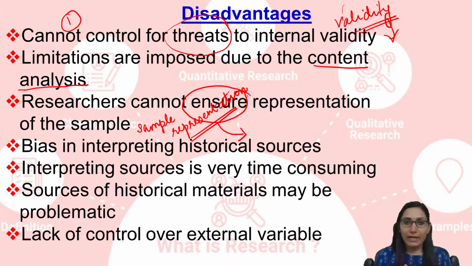It should be representative in nature, which means the sample population should represent every stakeholder or every group in a particular larger group. So here the disadvantage is that researchers cannot ensure representation of the sample, meaning they are not sure that the sample population represents everyone or every different category.